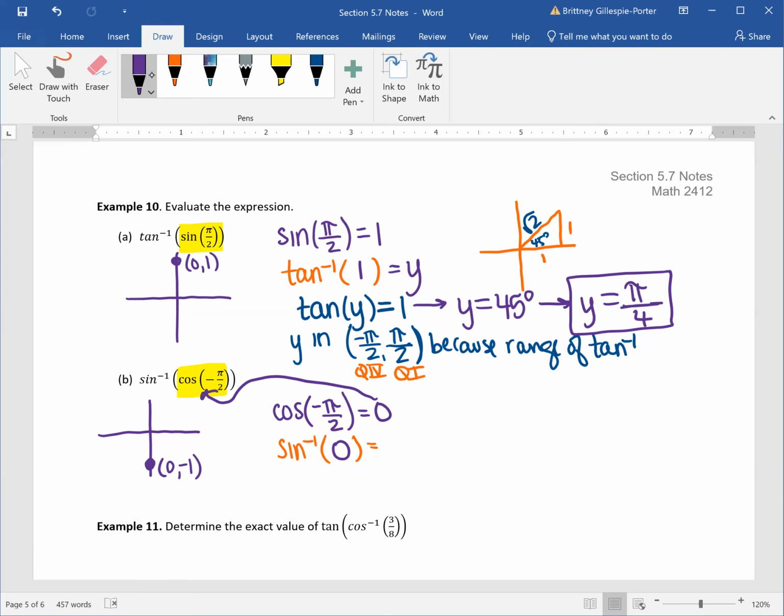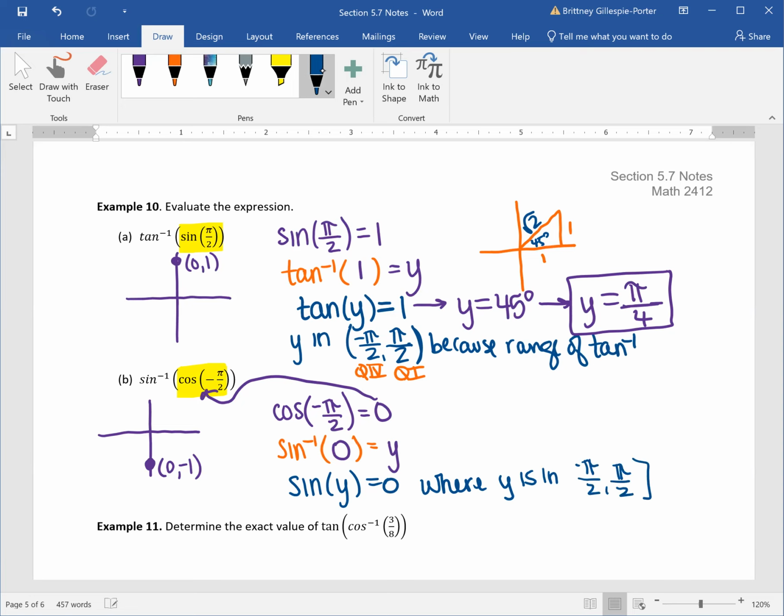So inverse sine of 0 gets us y, which means that we can rewrite this as sine of y equals 0, where y is in negative pi over 2 to pi over 2, and that is the range of inverse sine.